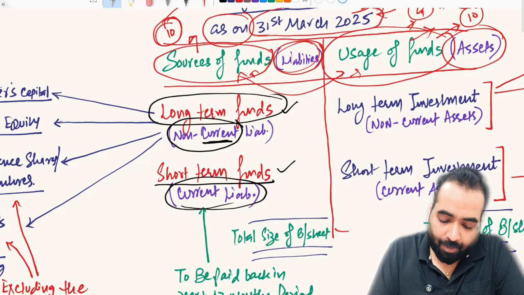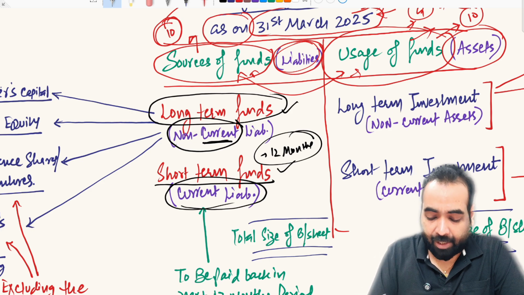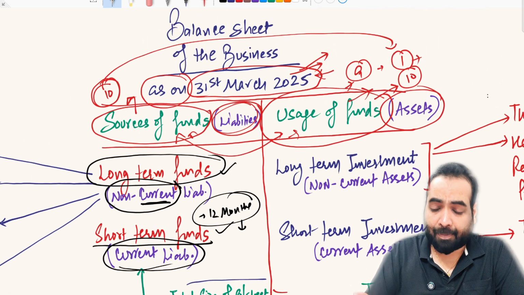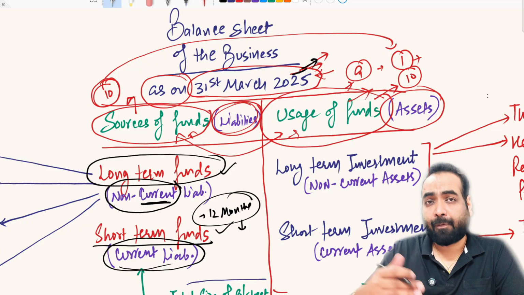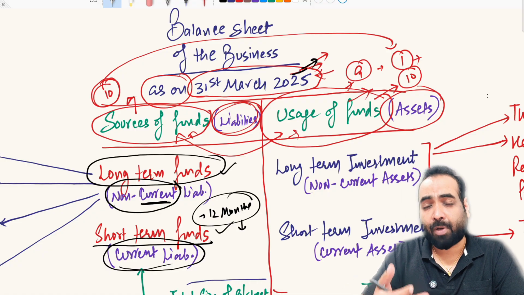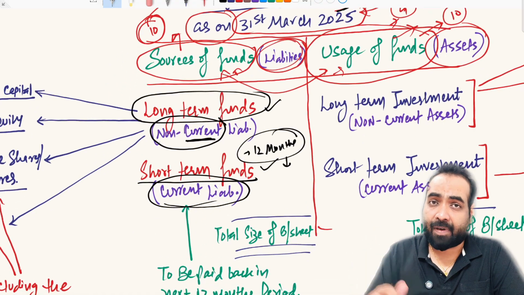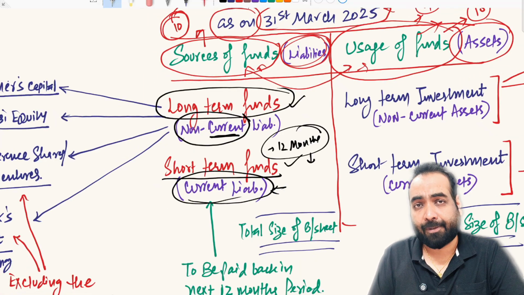This timeline is a 12 months period. If you have taken funds which are to be returned in the next 12 months from the date of balance sheet, if you are obliged to repay any of the funds taken, then those funds shall be classified as current liability, as short term funds.